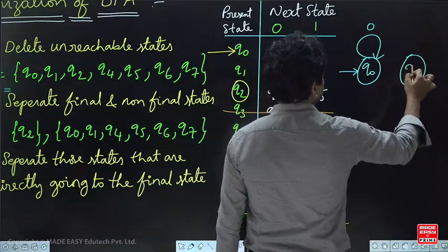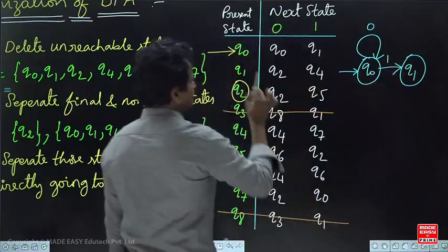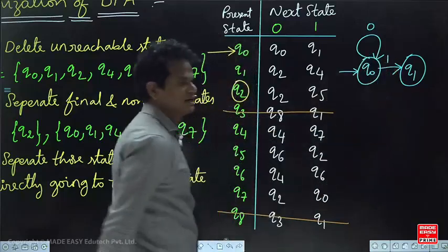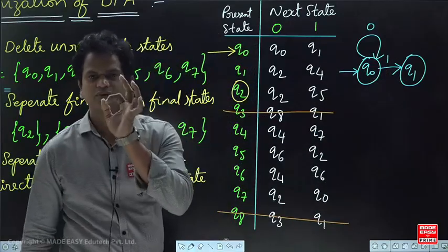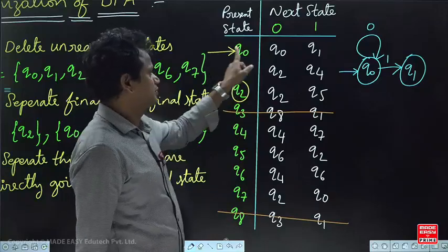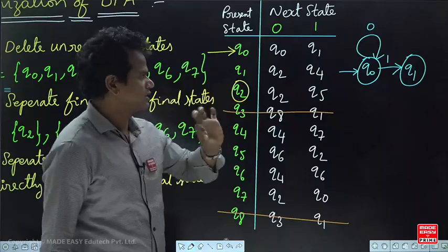On input 1, you can go to Q1. But you cannot go directly with one input symbol to Q2, the final state. From Q0 you cannot go directly within one step. So Q0 is not.